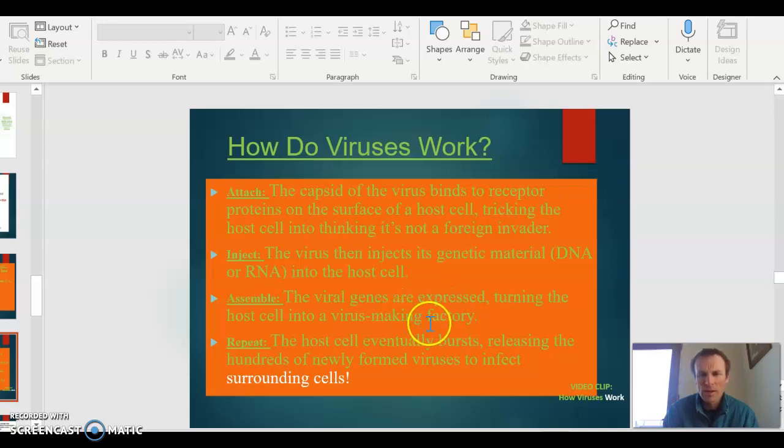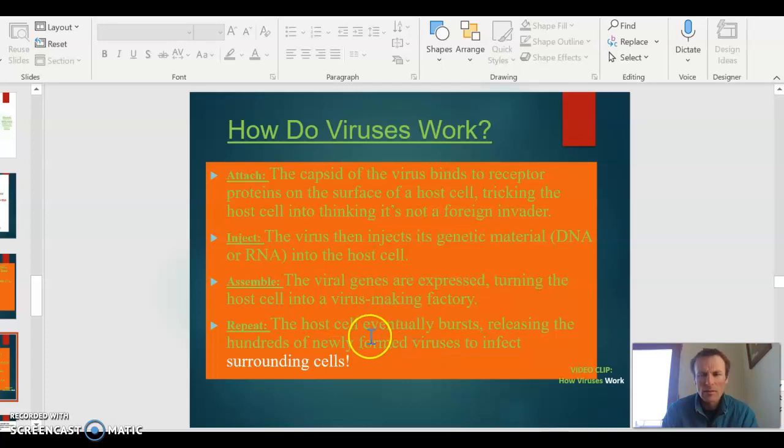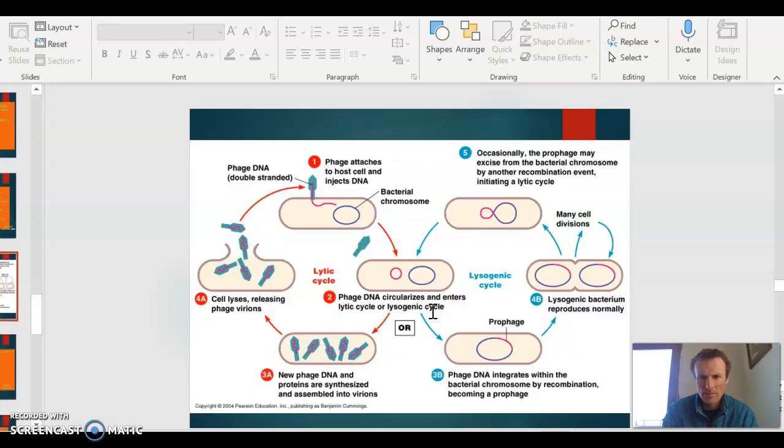And really what's happening here is the host cell is replicating the virus, just like the host cell might replicate itself, but now the viral genes are in the host genome. And this happens a lot. It reproduces the virus again and again and again until eventually the host cell bursts, releasing hundreds of newly formed viruses to infect surrounding cells.